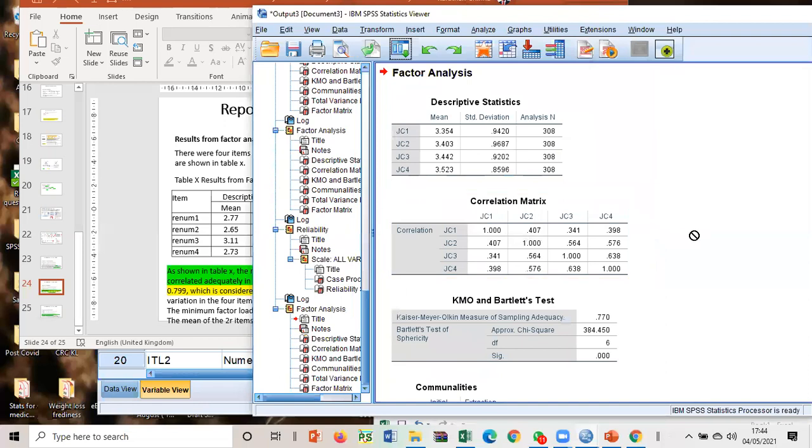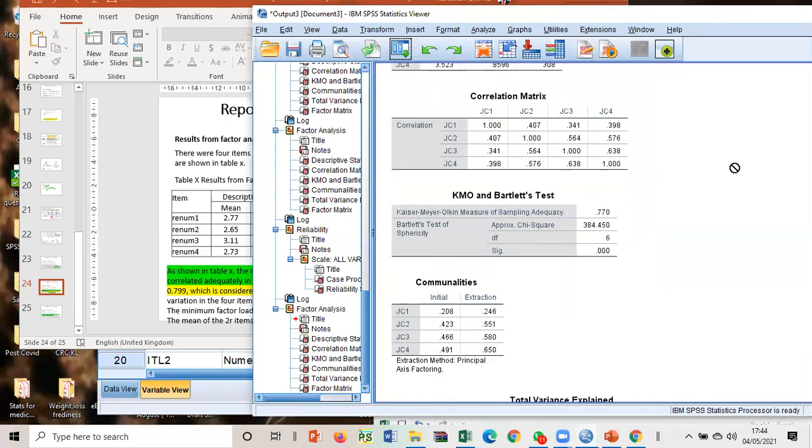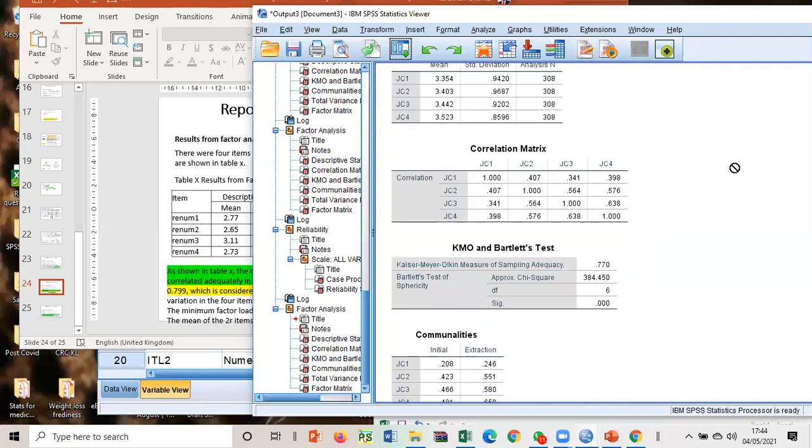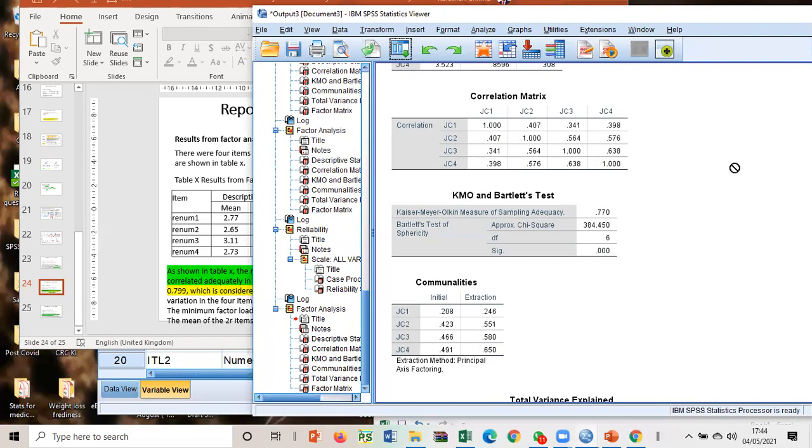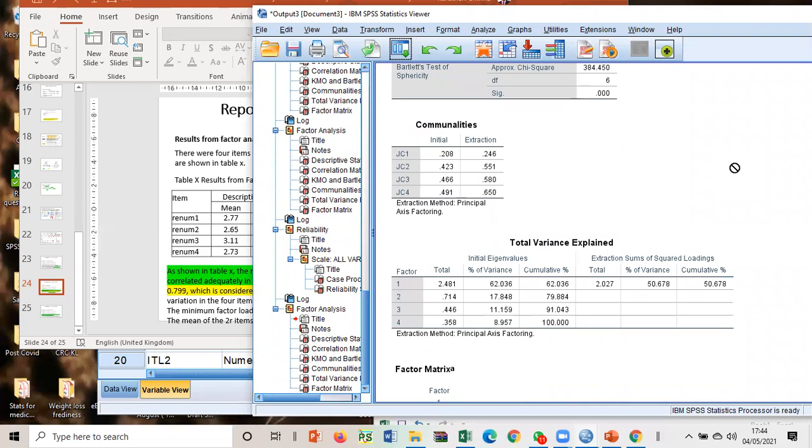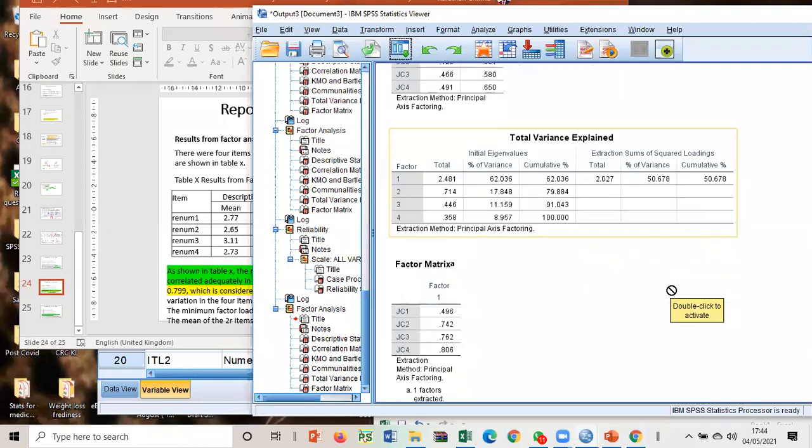Click OK. Check the tables. Correlation, are they okay? Yes. KMO okay? Yes. How many factors? One factor. How much explained? More than 50. Okay.